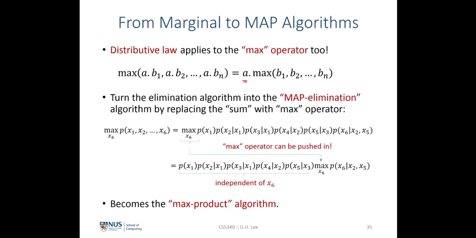Similar to the summation example in the previous slide, since the distributive law applies to both summation and maximization, we can push the max operator into only those terms that consist of x6. In this case, it is the conditional probability of x6 conditioned upon x2 and x5. Hence, all the other terms can be factorized out to the left side of the max operator, because they are independent of x6.